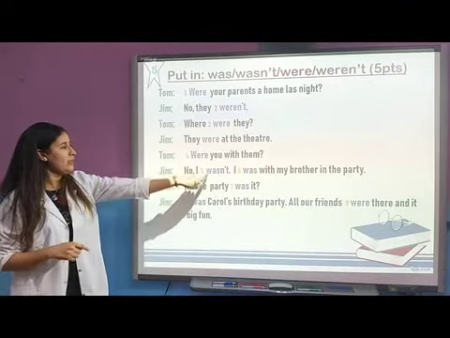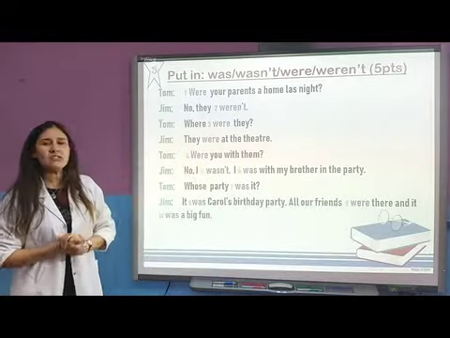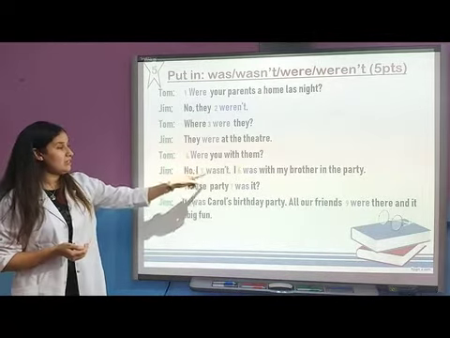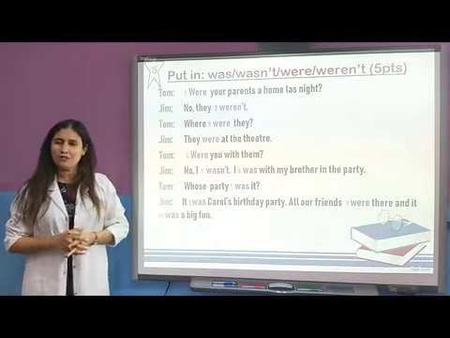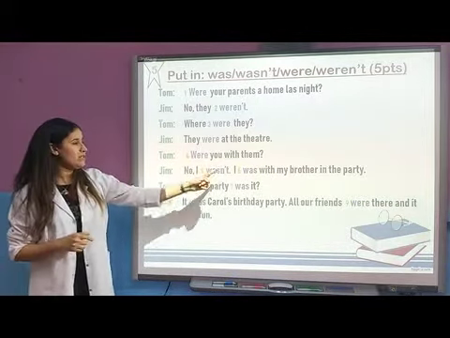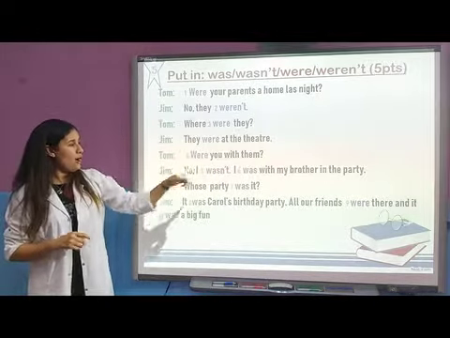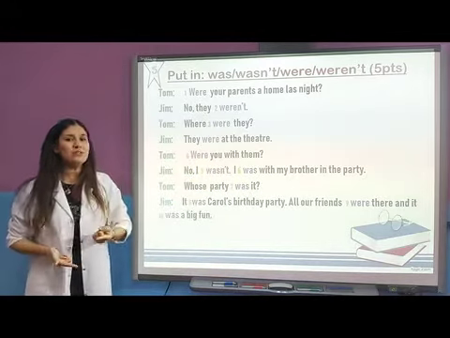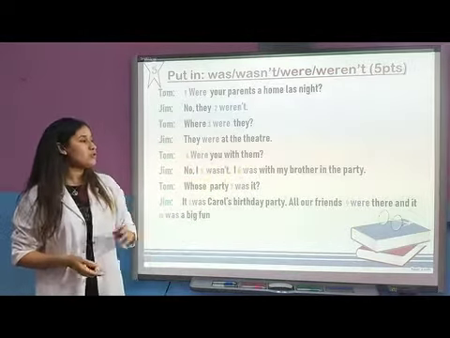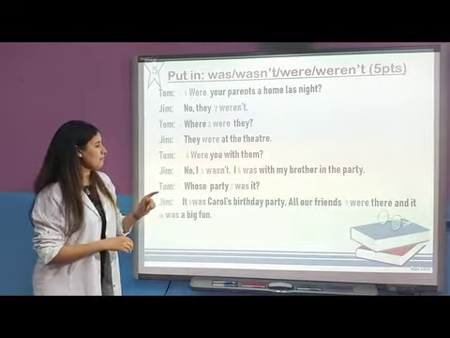So here we have a negative sentence, and wasn't is a short form of was not, and we omitted the vowel of not, which is O, and substituted it with an apostrophe, like wasn't. No, I wasn't, because it is a negative sentence, and we finished the first sentence in order to move on to the second one. I was with my brother at the party.